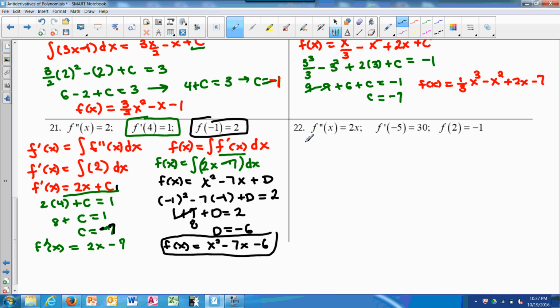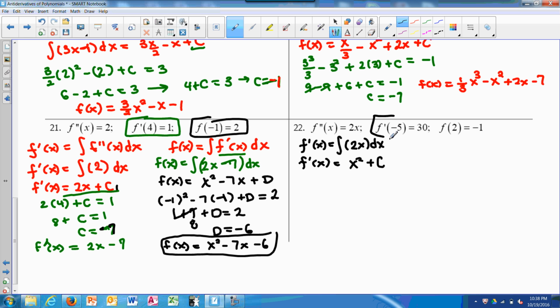Okay, so here for number 22, our f prime of x is the integral of f double prime with respect to x. That means that our f prime of x is x squared plus some unknown constant.